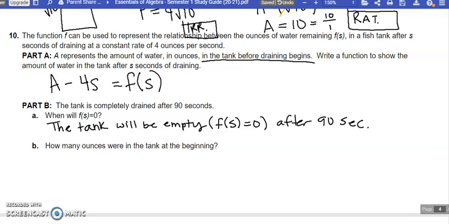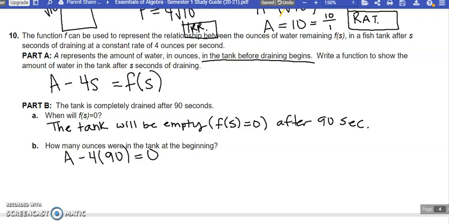How many ounces were in the tank at the beginning? So if we're draining to 0, we want to see the beginning here is A. So what we have here is we know that A minus 4 at 90 seconds gave us 0 water, so an empty tank.